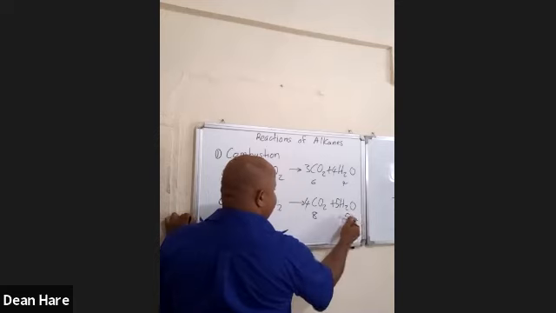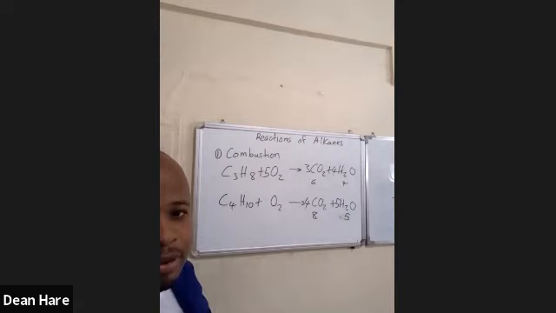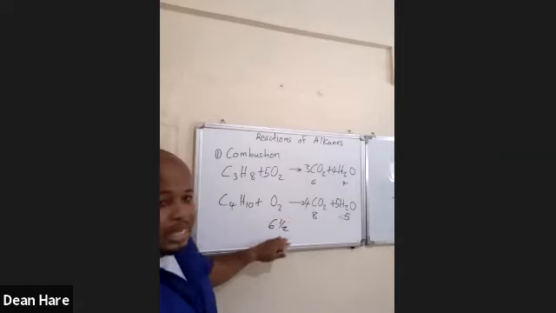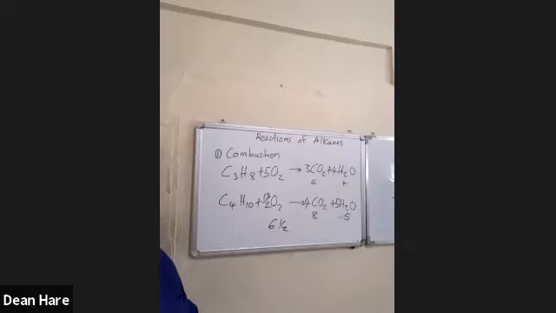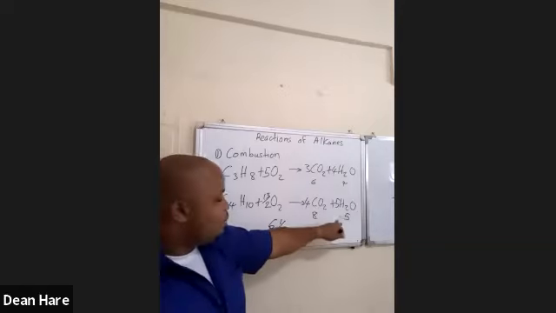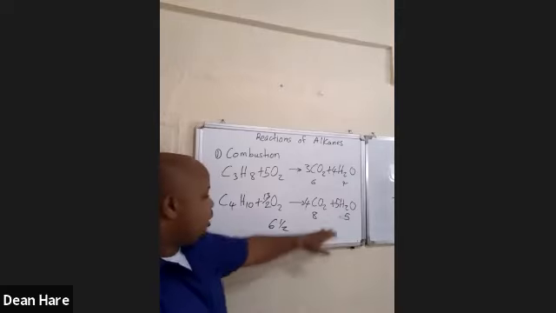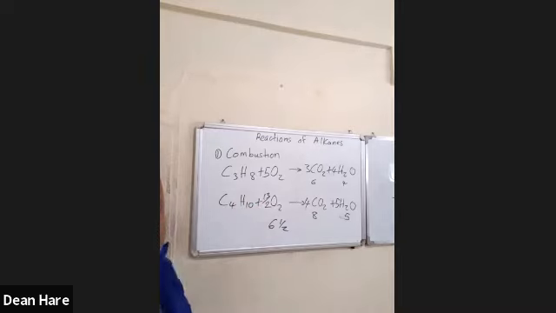So 8 and 5 is 13, so 6.5. We can use 6.5, or 6.5 as an improper fraction, 13 over 2. I'm going to use the improper fraction, 13 over 2. So once you get an odd number, just put it over 2. If you get 15 oxygen over here, just put 15 over 2 and the oxygen will be balanced.